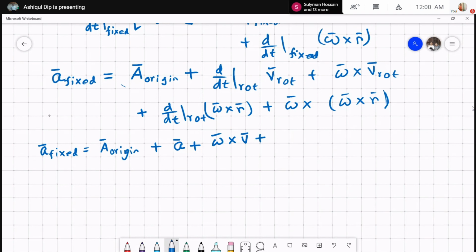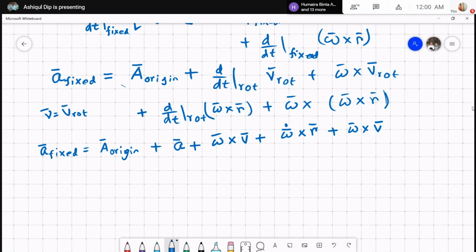What's that? This is omega dot cross r plus omega cross d/dt rot on r, which is just V. I'm just writing V equals V dot, dropping the rot sign.